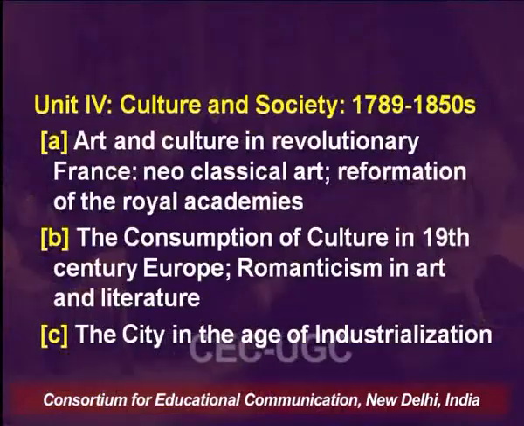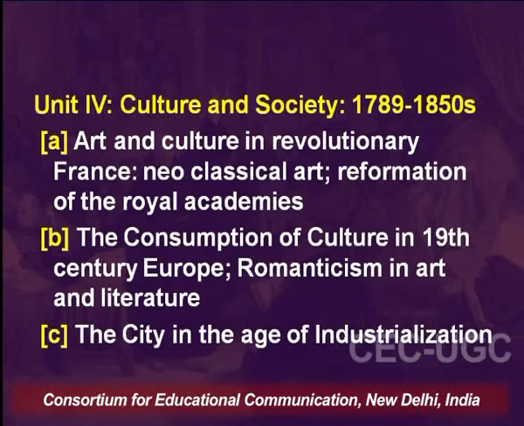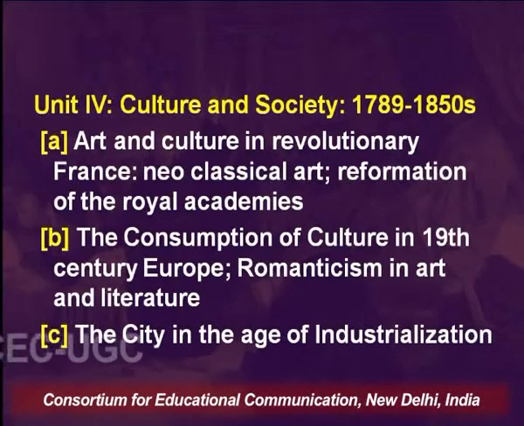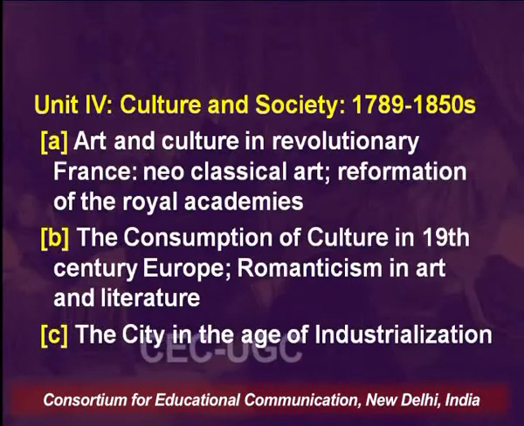the cosmopolitan culture that emerged in the 19th century Europe. You have romanticism in art and literature, and that also has to be studied in order to understand the cultural ethos, the transformed cultural ethos of 19th century.